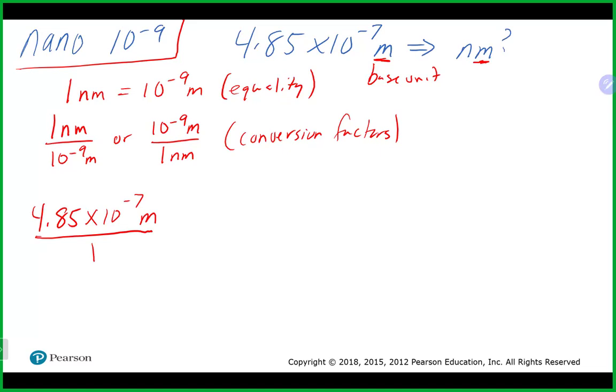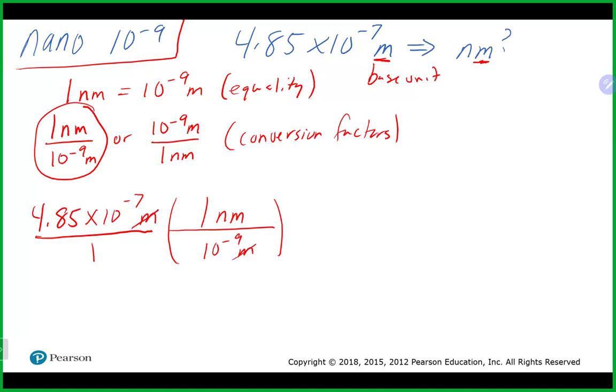So again, we use the opposite when doing dimensional analysis to get rid of it. Opposite in this case is the conversion factor here on the left, right? It has the meters on the bottom. So we'll go with, using our conversion factor, 10 to the minus 9 meters is 1 nanometer here. Once we have it set up like this, we know that the meters on top and bottom will cancel since they're in opposite locations.